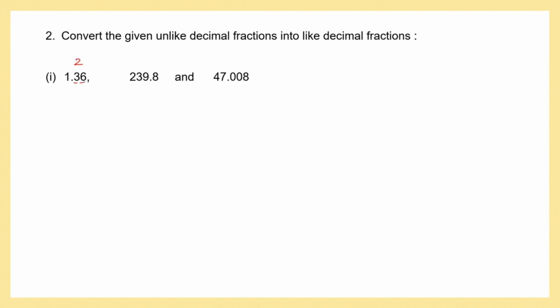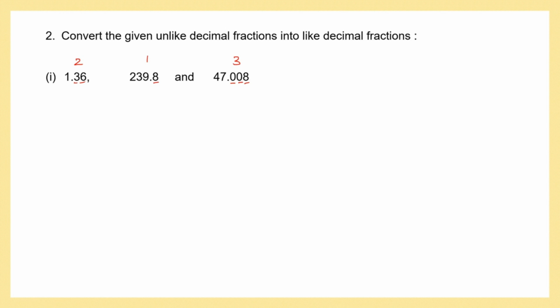The second number has only 1 decimal place and the third one has 3 decimal places. If they have the same number of decimal places, then the numbers are called like decimal fractions. But here, they have different numbers of decimal places, so they are called unlike decimal fractions.